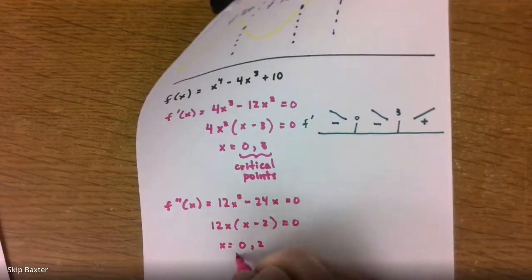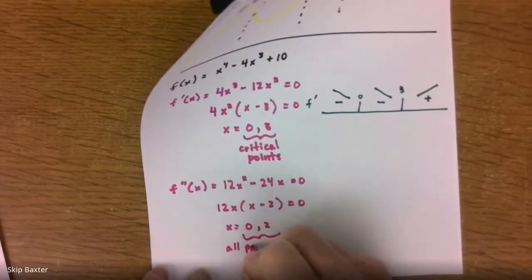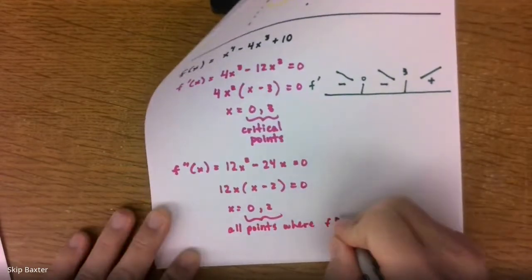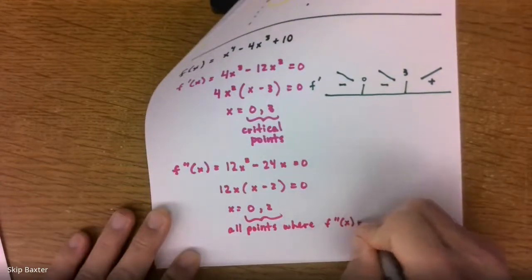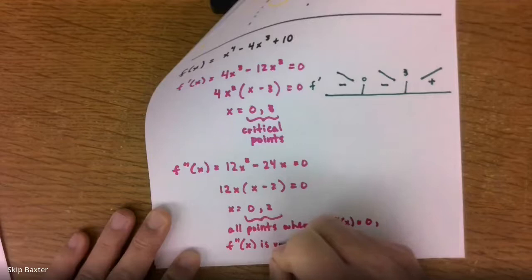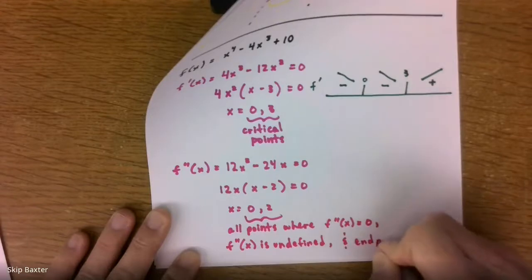Okay, so this has to include all points where f double prime of x is 0, f double prime of x is undefined, and endpoints.